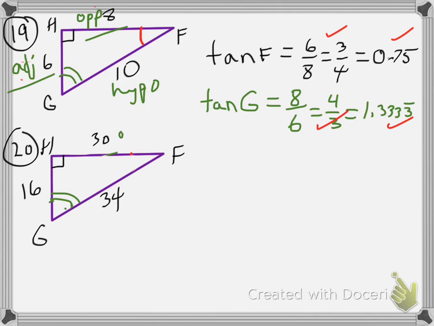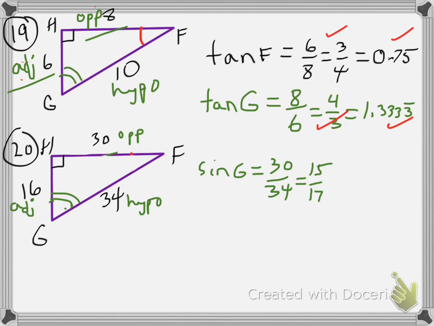So this is opposite, this is hypotenuse, and this is adjacent. And they said they wanted the sine of G. So the sine of G, sine is SOH, S-O-H, opposite over hypotenuse. So that was 30 over 34. And you can reduce that to 15 over 17, but it's not necessary.